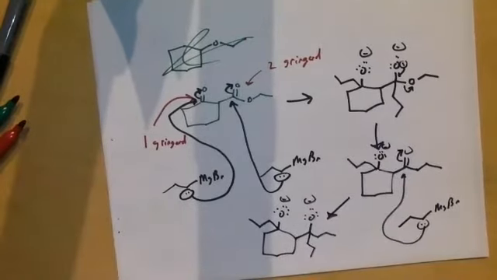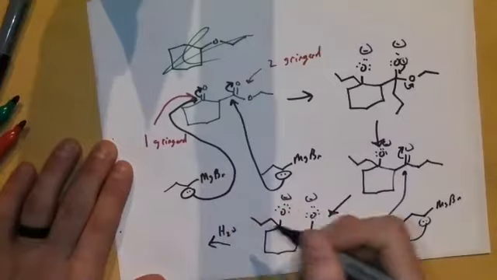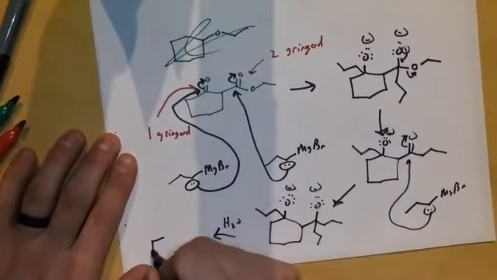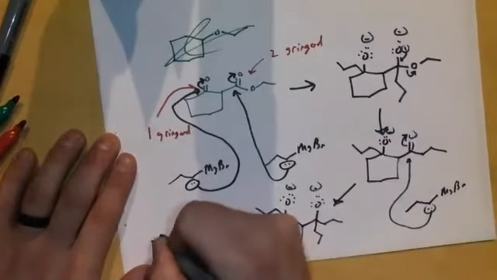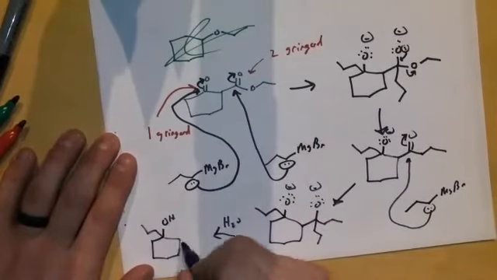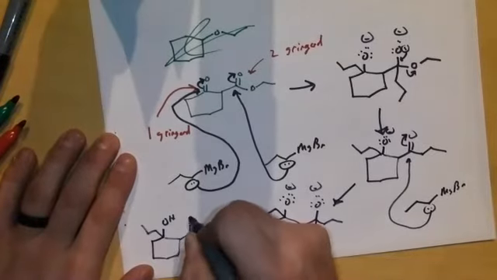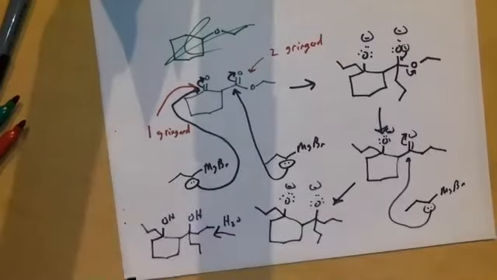At this point, we have O minuses that are all bonded to carbons, nothing to be kicked out. When we add in our water, we can get to our final product, which would be this.